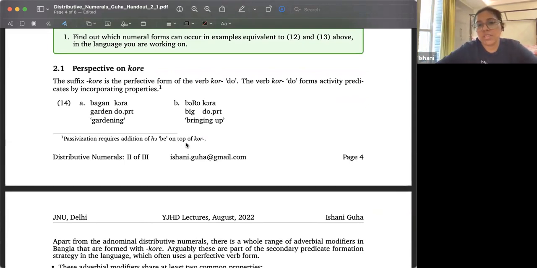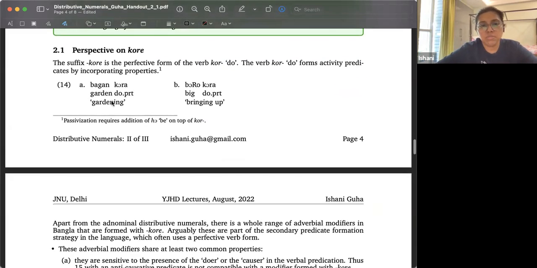Well, it forms activity predicates like 14a, bagan kora, lekha pora kora, to study, and boro kora, bring up. So in 14a core incorporates a noun, a nominal predicate. In 14b, it's incorporating an adjectival predicate, right? So it can work with all sorts of properties and form a predicate.